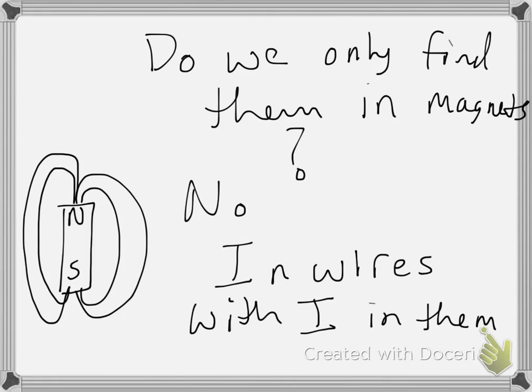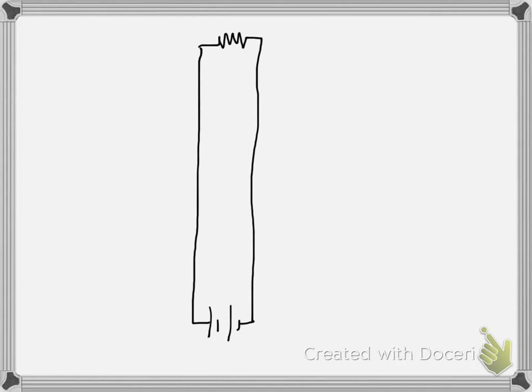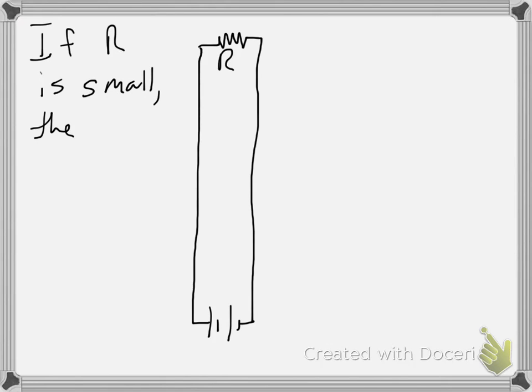And you can prove this by hooking up a circuit, and let's just hook up a small circuit here. So here's my battery, and I'll let my wires be long, and I'll just put a small resistor in there to modulate the current just a little bit. Especially if R is small, then the current will be larger and the effect is magnified.